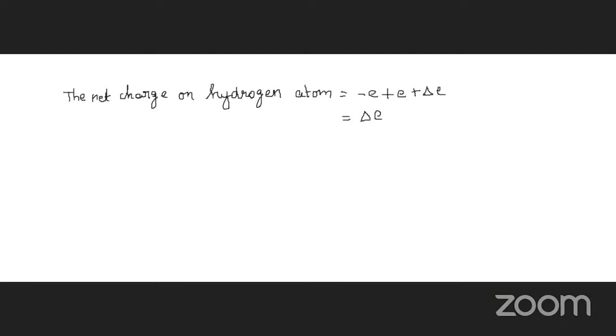You can unmute yourself and talk, no issues. What is the sign of this net charge on a hydrogen atom now? Sir, is it positive? Okay, it is positive. You can see here minus E plus E are cancelled, and delta E remains. Okay, it is positive now.